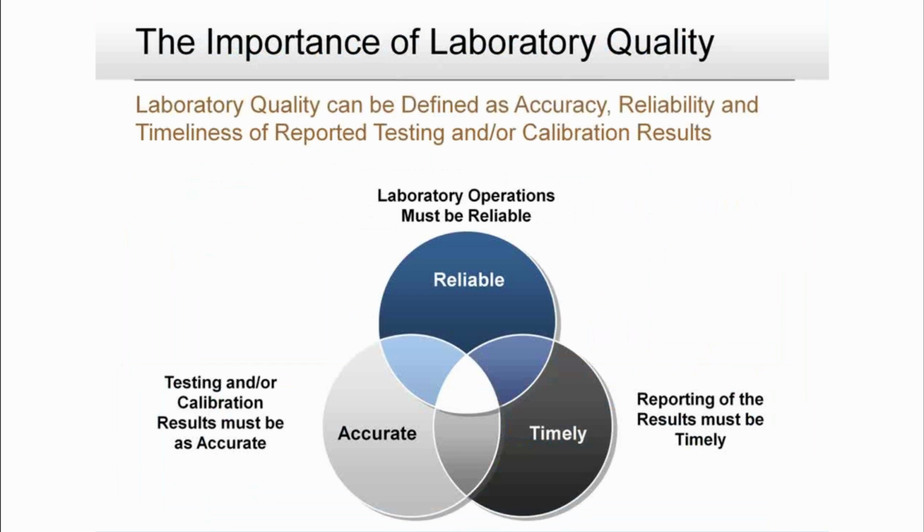The importance of laboratory quality. Laboratory quality basically entails accuracy, reliability, and timeliness of reported testing or calibration results. Let's take an instance. The laboratory has clients, and your client comes with jobs, and you tell your clients expected time of delivery is 10 days.